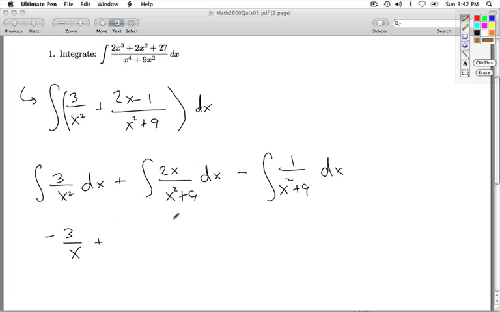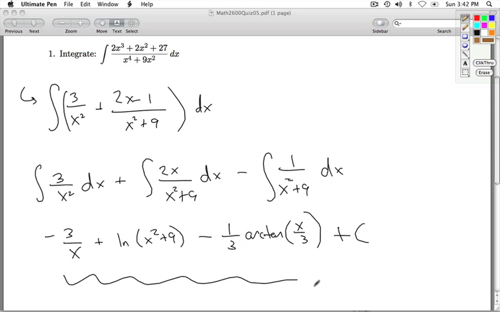This is a beginning Calc 2 integral. That's a natural log. We don't need the absolute values because the x squared plus 9 is always positive. And this is a beginning Calc 2 integral, minus a third arctangent of x over 3, plus the ubiquitous constant. And that'll do it for quiz 5.